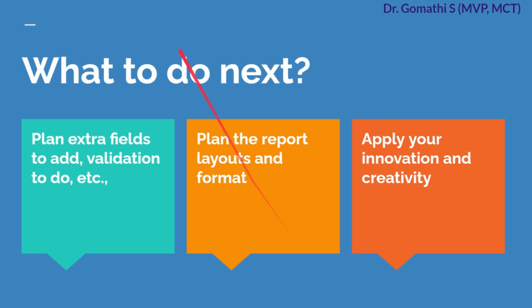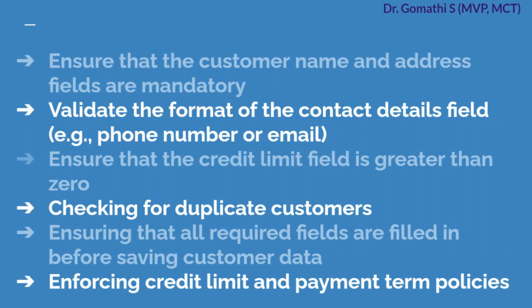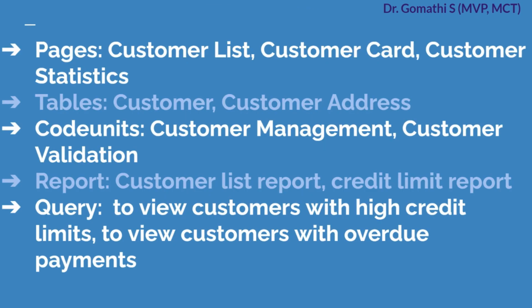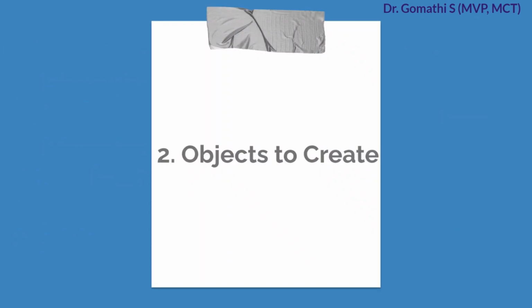Okay, so all the other aspects are your creativity and innovation, whatever things you want to bring in. If you are a beginner to Business Central, then don't worry about extra things. Just go ahead with whatever we have discussed here. Try to create these objects and implement them.